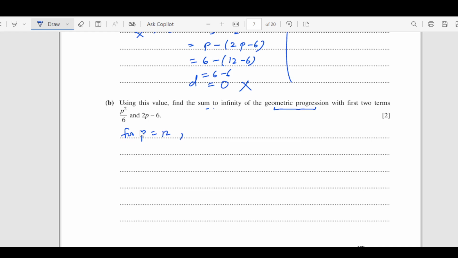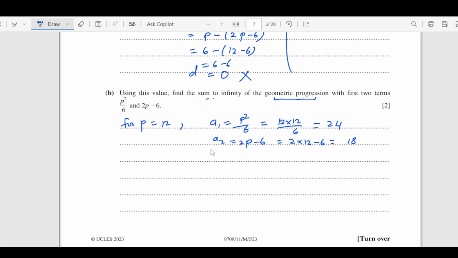So for p equals 12, what is the first term? a1 is p squared over 6, that means 12 times 12 over 6, that is 24, right? And a2, the second term, 2p minus 6, 2 times 12 minus 6, this is 24 minus 6, that is 18, right? So this is the first term and second term, and we are now looking for the common ratio.